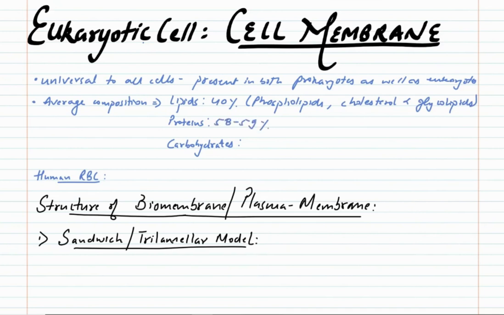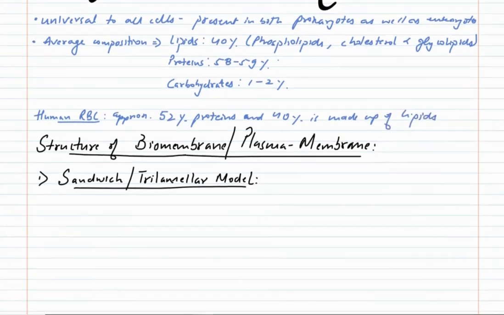Proteins constitute 58 to 59% and carbohydrates constitute 1 to 2%. In human RBCs, approximately there are 52% proteins and 40% is made up of lipids.